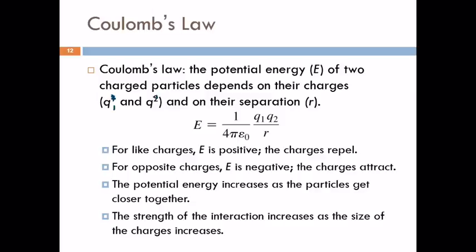This is Q1 and Q2, superscripts instead of subscripts. So the two charges, and then R is the distance between them. So if you have a +1 and a -1, they're going to be attracted to each other. If you have two positive charges, they're going to be repelled, and the energy will be negative.